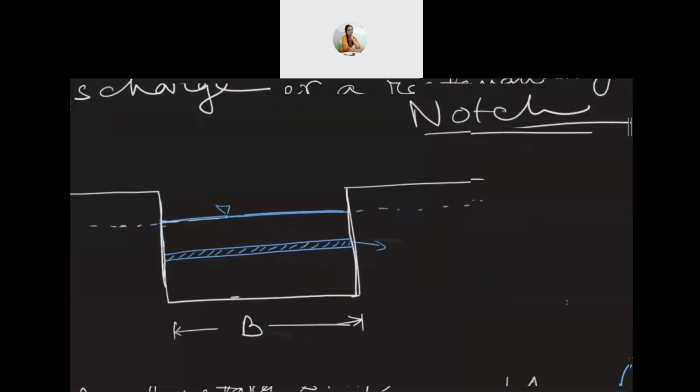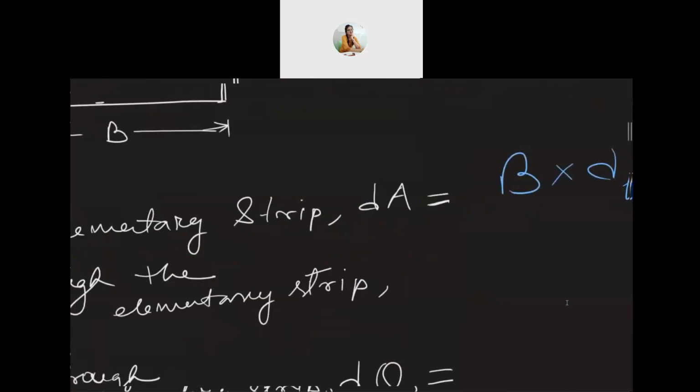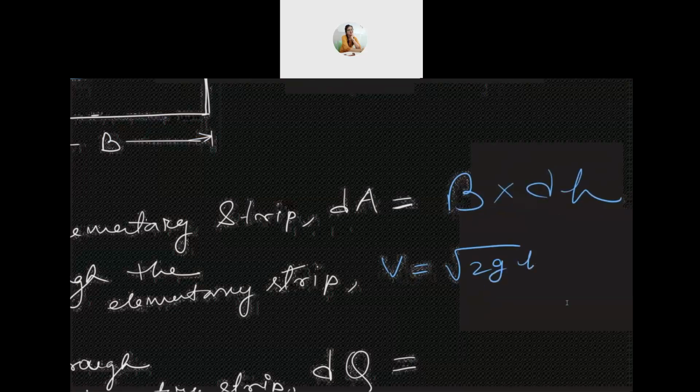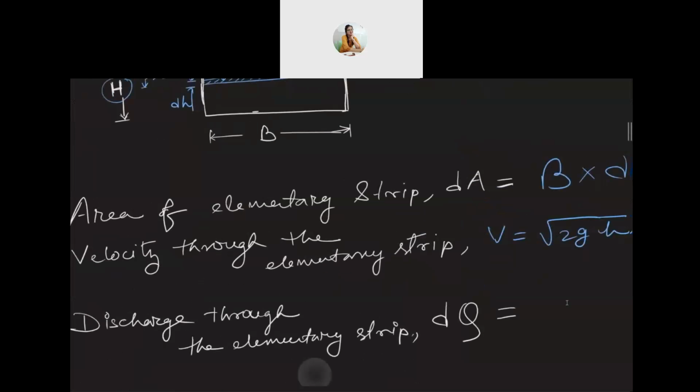And the strip will be located at a depth small h, where capital H is the total head available and small h is the head available over the elementary strip. So that is the area of the strip. And velocity through this elementary strip will be given by V equal to root over 2g small h, because that is the head. And therefore, the discharge will be this velocity multiplied by the area.